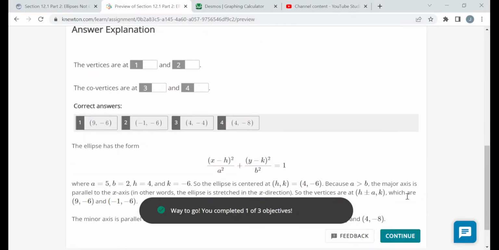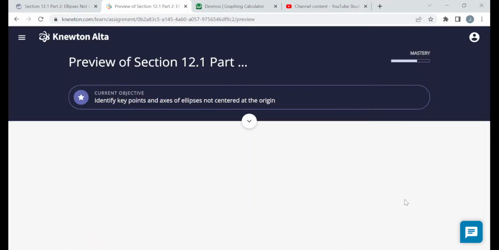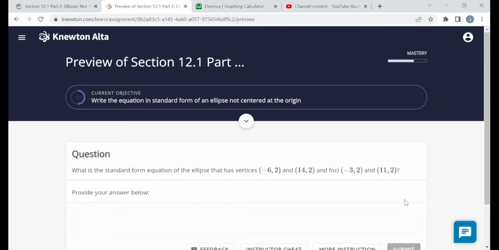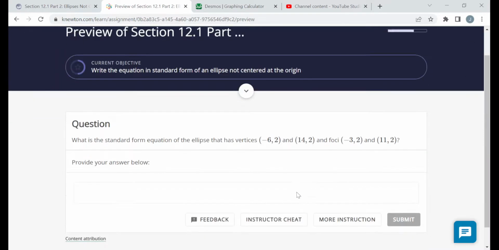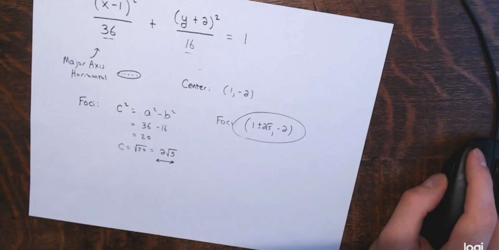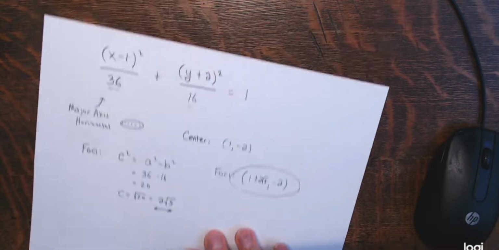Alright. Moving on. Alright, so here we're given the vertices and foci again, and asked to write an equation. So remember, I just need h and k, and then a squared and b squared. Let me write this one out again.